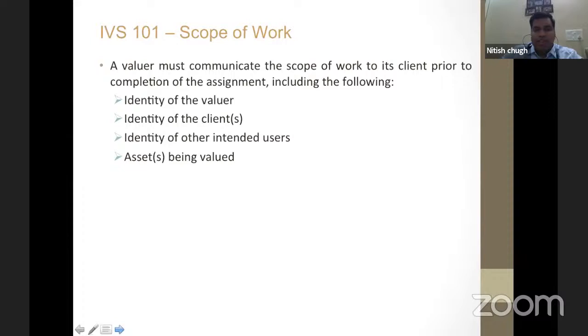Then, what are the assets being valued? This is the most critical and the most important part of this standard. Many times it is not possible to identify which asset is being valued. For example, if you are valuing a business house or a corporate entity, you will find there are a number of investments in those entities.